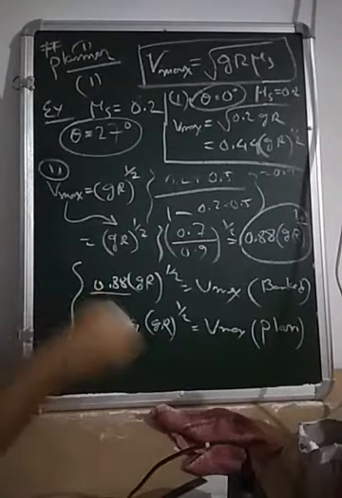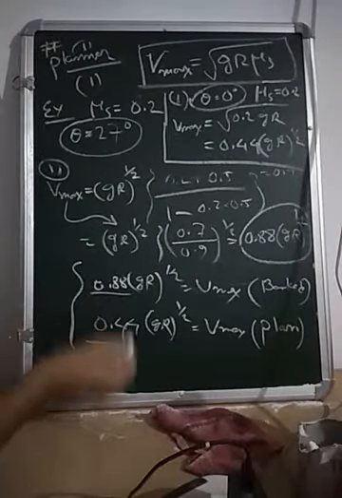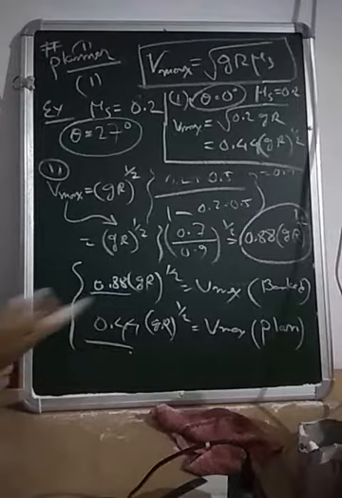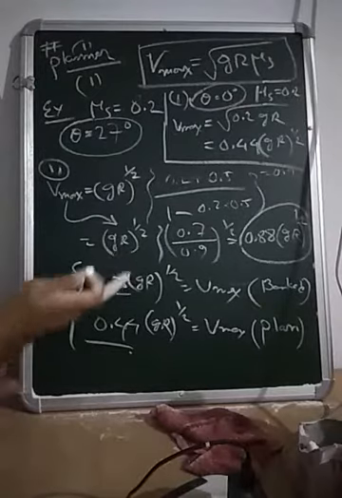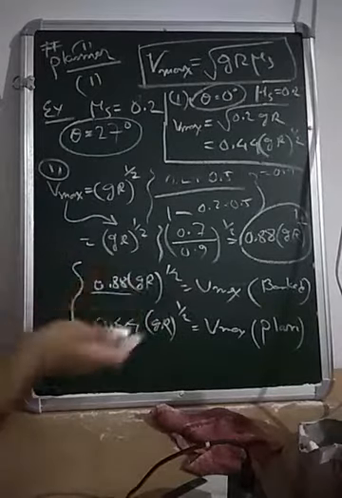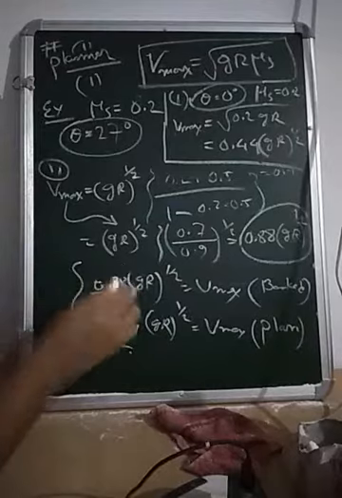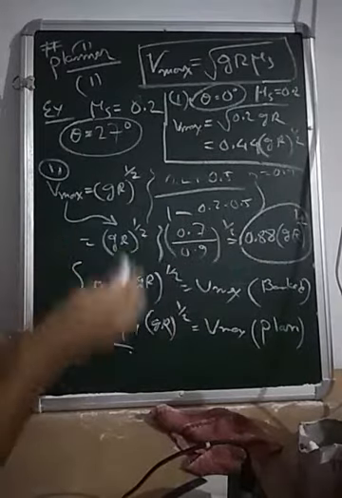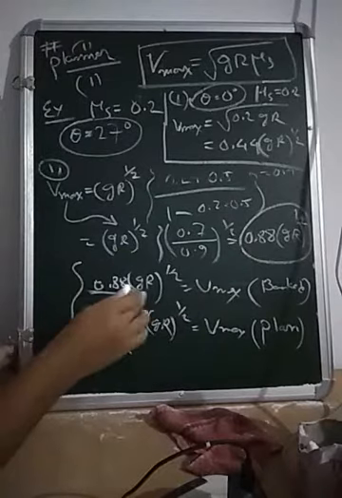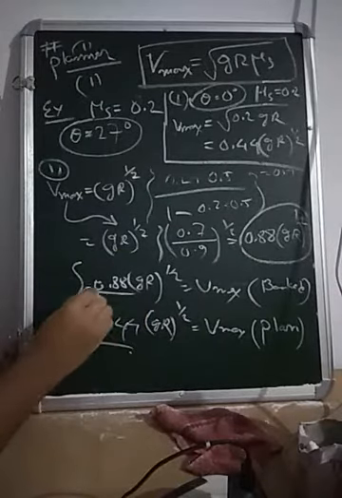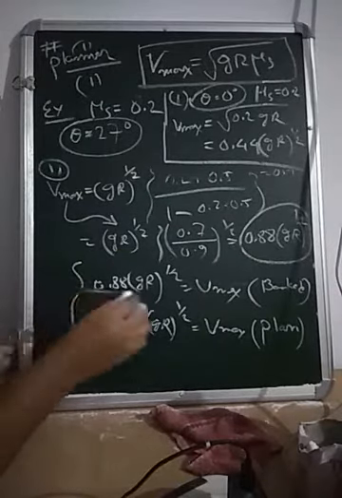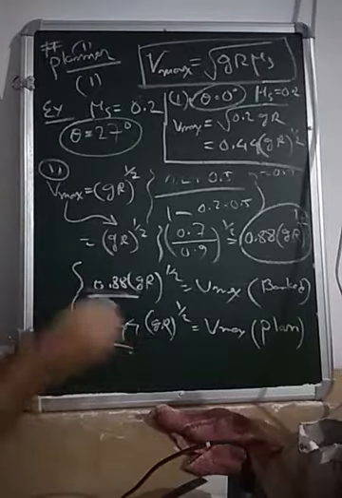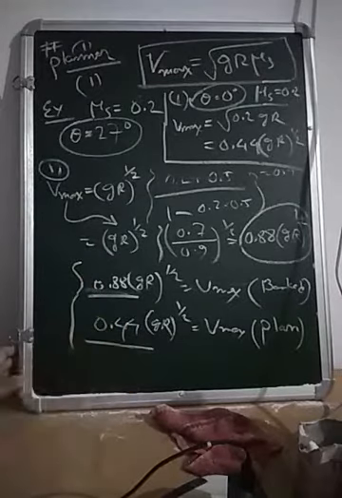If you compare both values, this is twice this one. So in case of a banked road, if the surface is same, we can take the circular turn with twice the maximum value that we can take on the planar road.